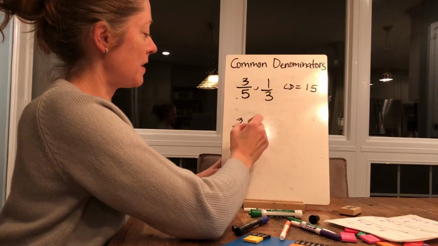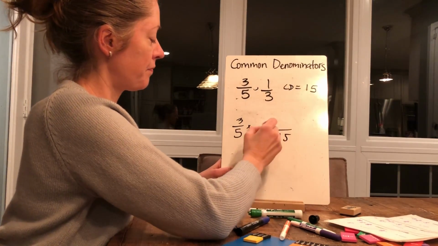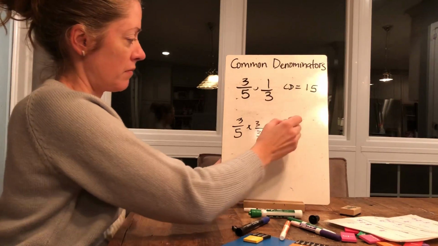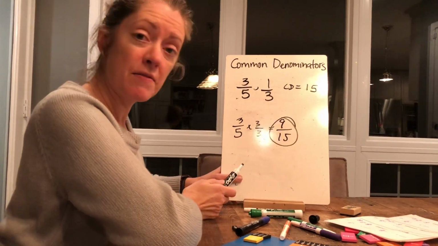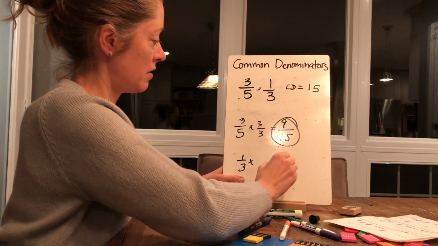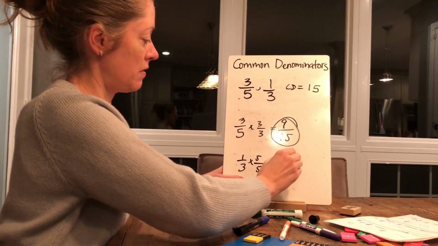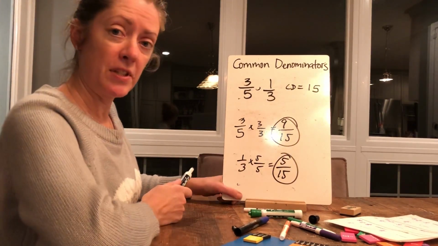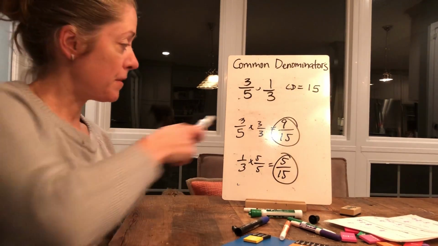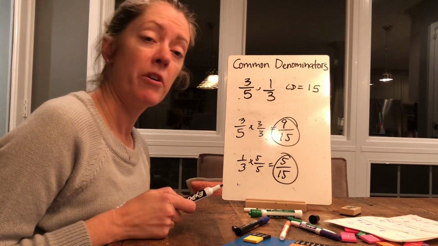If you did 3/5 and you used 15ths, nine 15ths, and then 1/3, five 15ths. So there you have 9/15ths and 5/15ths for number 4.